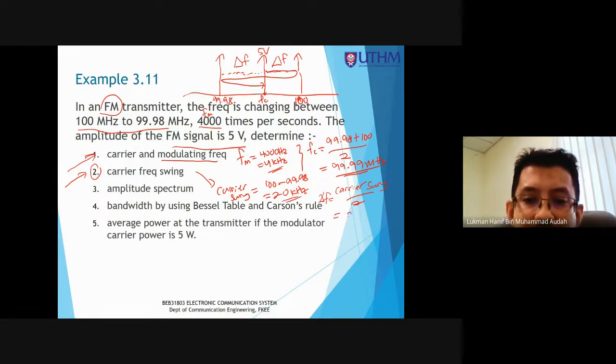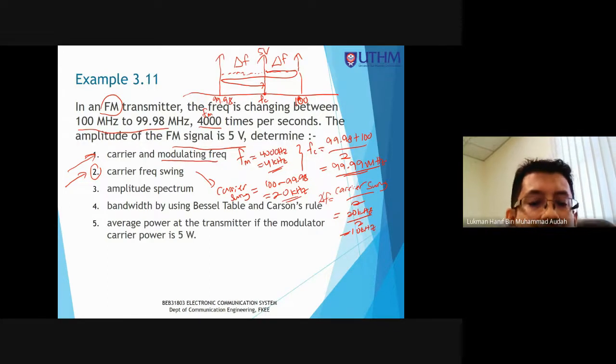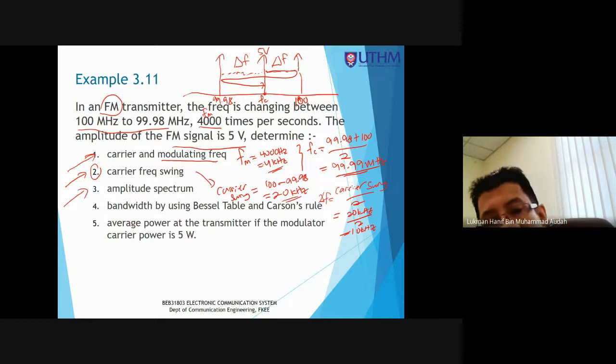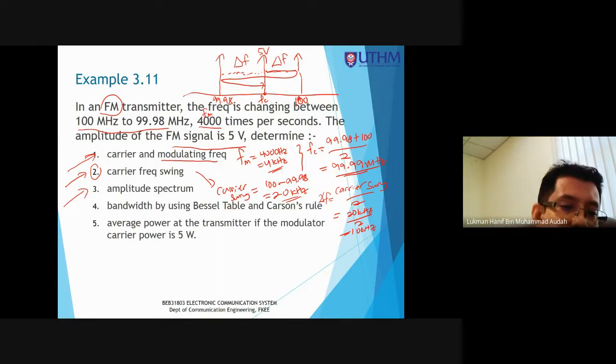So this is 20K divided by 2, so we get 10 kilohertz. And then, draw the amplitude spectrum. It means it wants us to draw amplitude versus frequency.